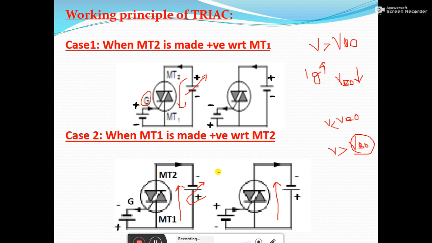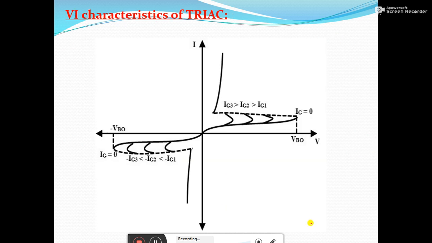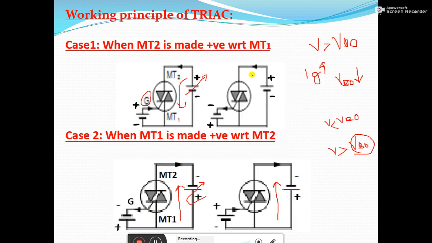So if we plot the graph, or if you see the VI characteristics of the triac, you can see this is nothing but forward bias, or you can say here MT2 is made positive with respect to MT1. Whenever MT2 was made positive with respect to MT1, you have seen a current flow from MT2 to MT1.